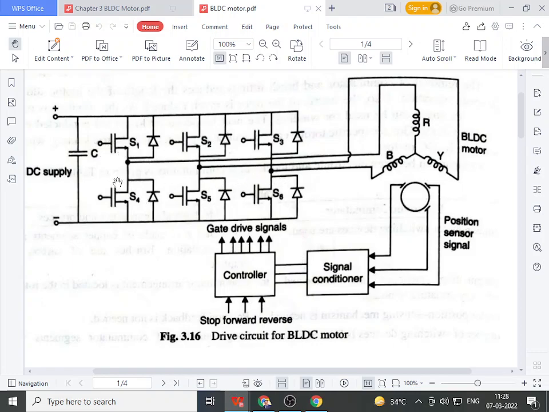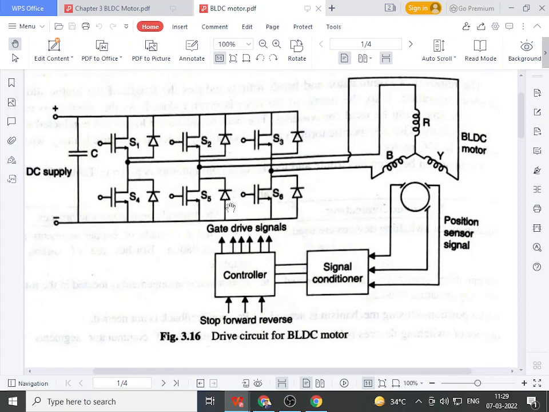Now at the input side of this voltage fed inverter, there is one capacitor. This is the filter capacitor. Whatever harmonics are generated inside the inverter, this filter capacitor is used to filter them out.